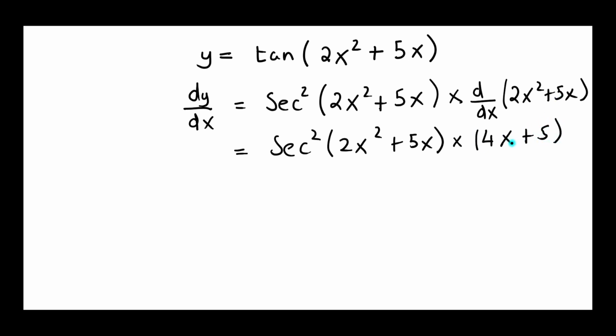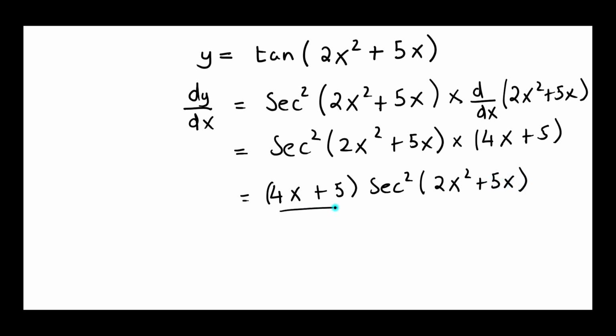So then I just bring that up here. So the final answer would be 4x plus 5 multiplied by secant squared, inside the bracket, 2x squared plus 5x. So that would be my final answer for this one.